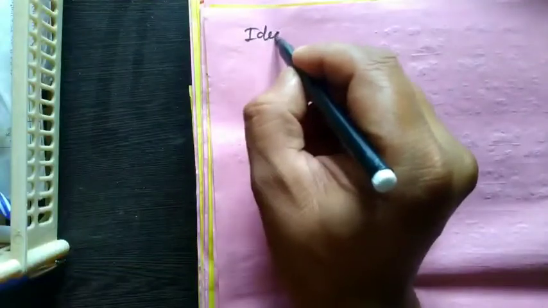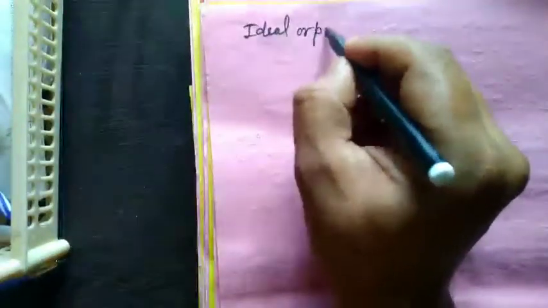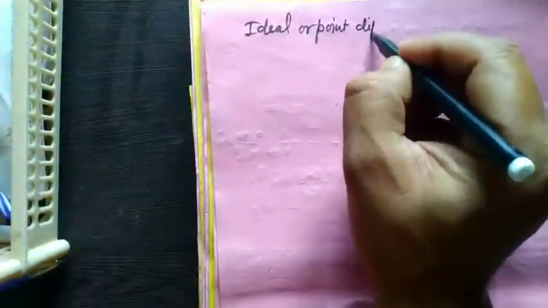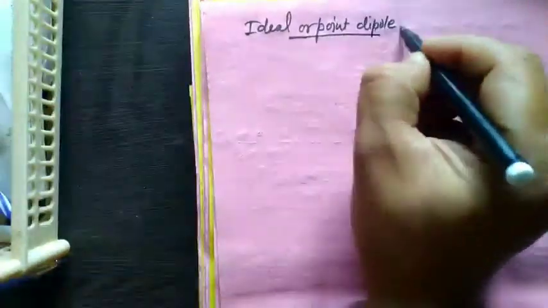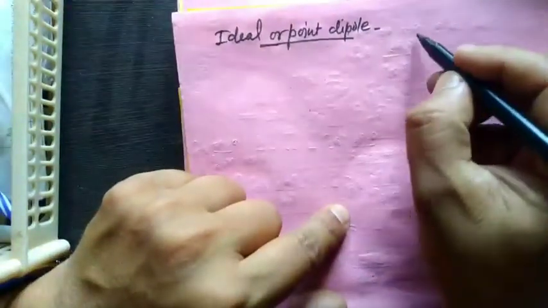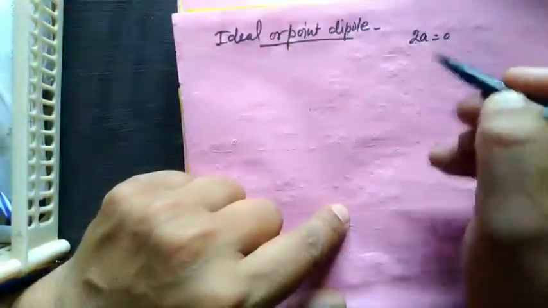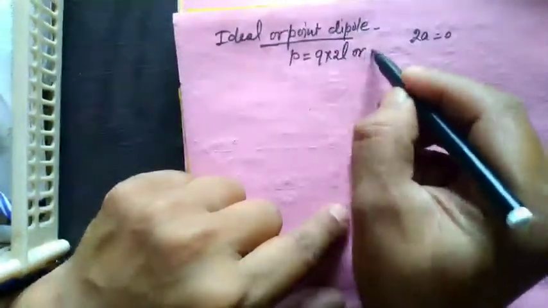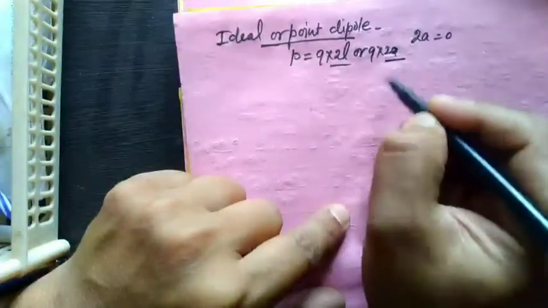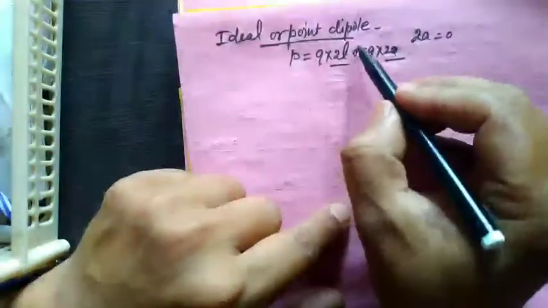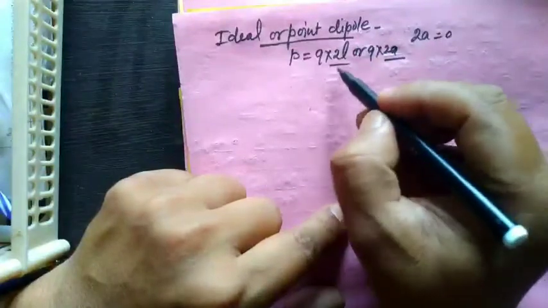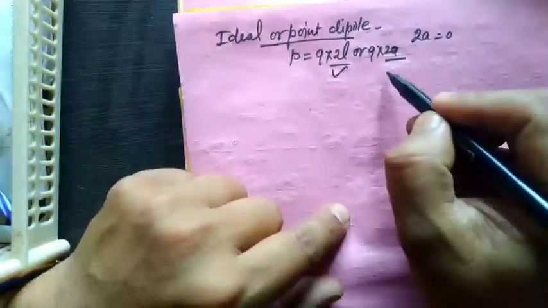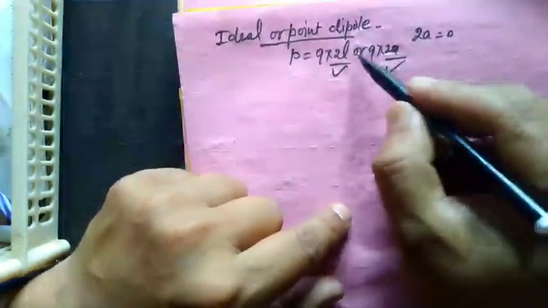Now the next topic is the ideal or point dipole. It is asked in examinations. Suppose 2a equals 0. In the definition of the dipole moment, 2l and 2a are the same; some books write 2l and others 2a.